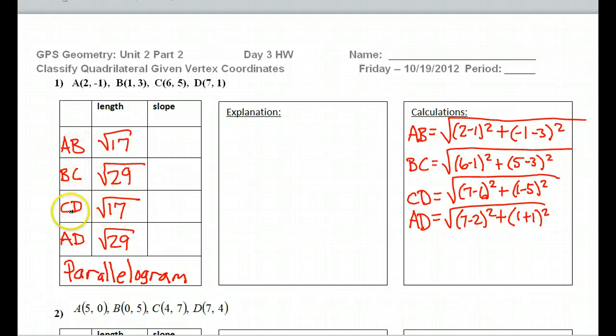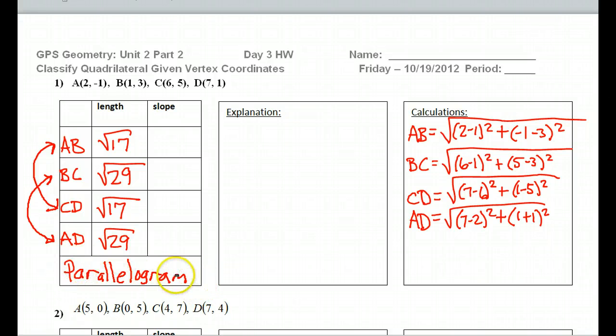Okay, because of the way I wrote these sides in order going around the shape, I know that AB and CD are opposite sides. And I know that BC and AD are opposite sides. And opposite sides are congruent. That will only happen if this is a parallelogram. So I can forget about kite or trapezoid.